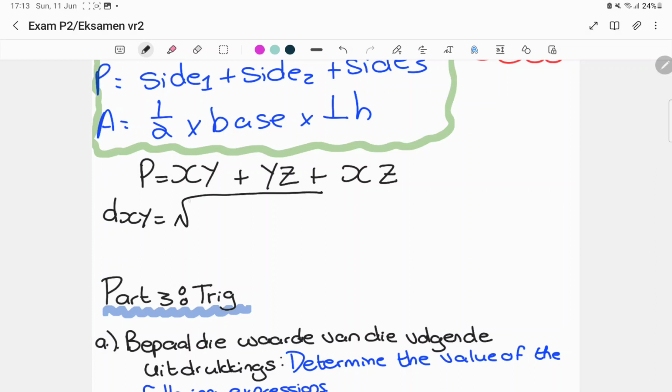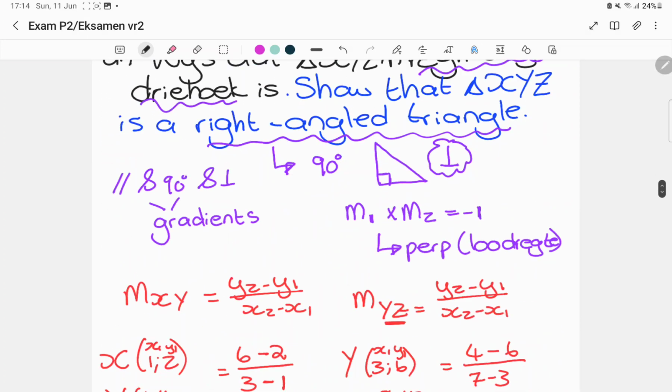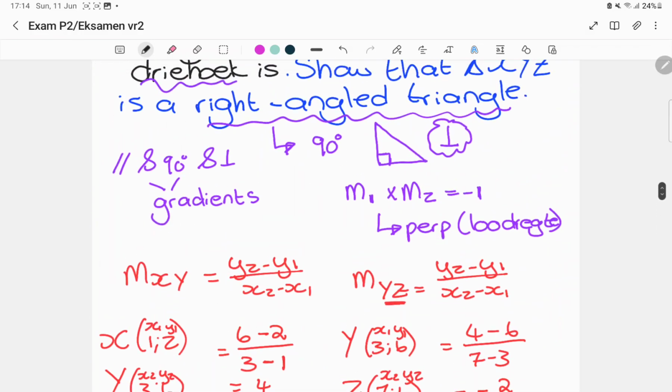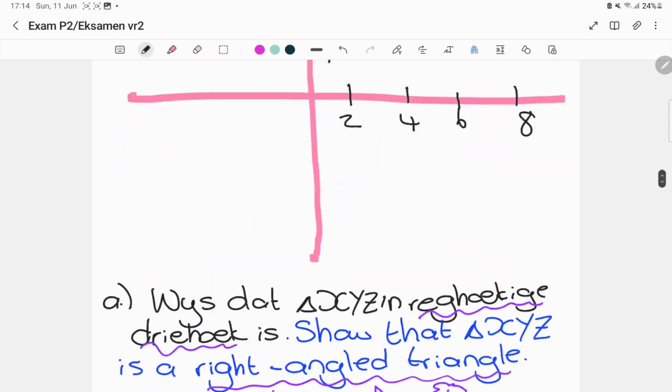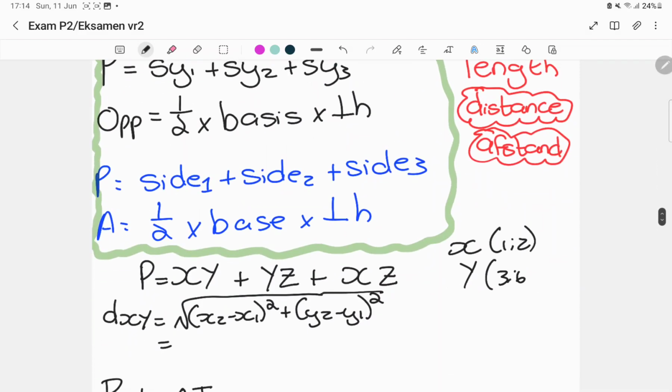Alright, so my formula is the square root of (x2 minus x1) squared plus (y2 minus y1) squared. Alright, so my x coordinate was 1, 2, and my y coordinate was 3, 6. Alright, so we're just going to take these two values and substitute them in.